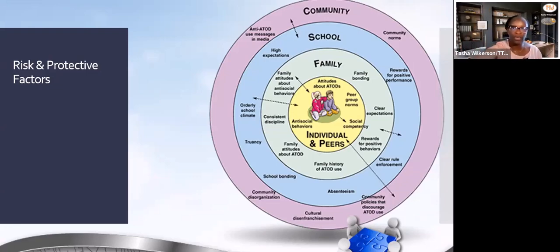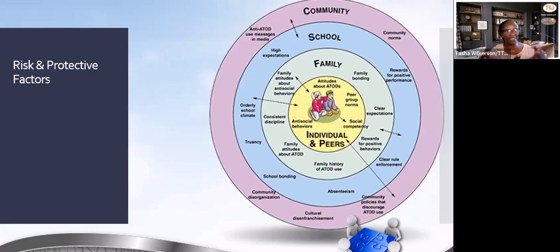And then we're building out from the family, the school, the community, all of these different protective factors that will influence the risk factor of that individual. If I don't have the proper competency skills in my social environment, that's why we teach life skills.